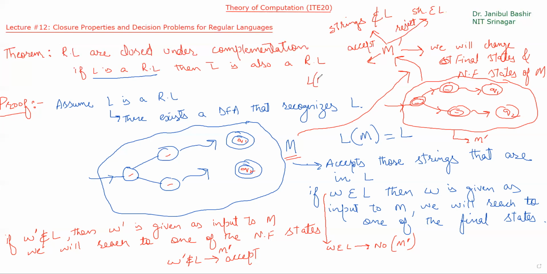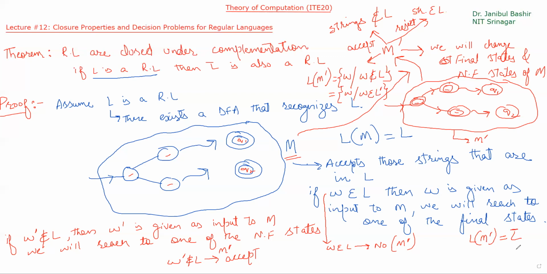The language of M dash will be the set of W such that W does not belong to L, which is equal to the set of W such that W belongs to L dash, L complement. If W does not belong to L, then it belongs to its complement. So the language of M dash is L complement.